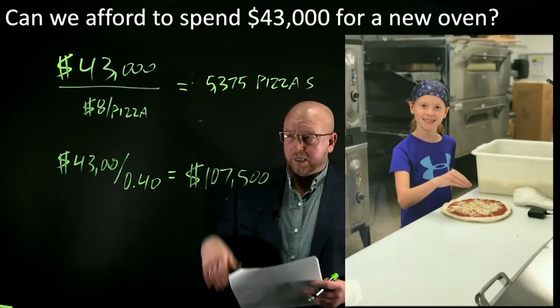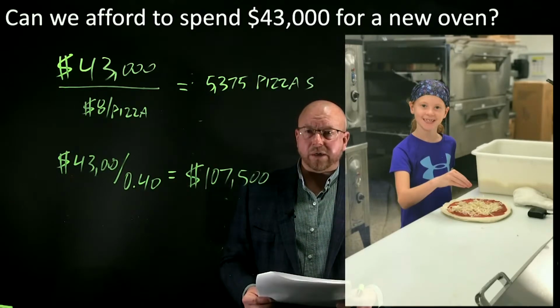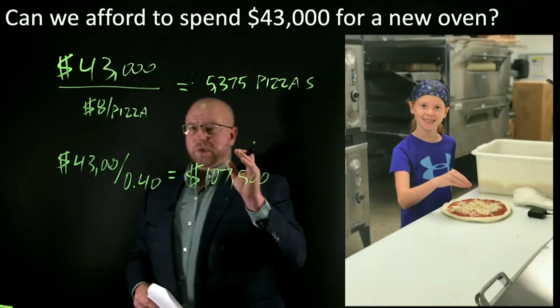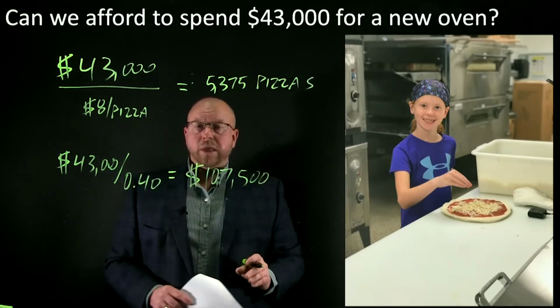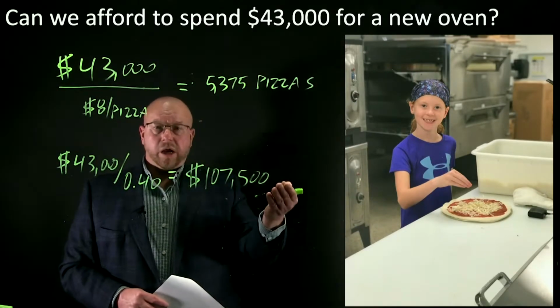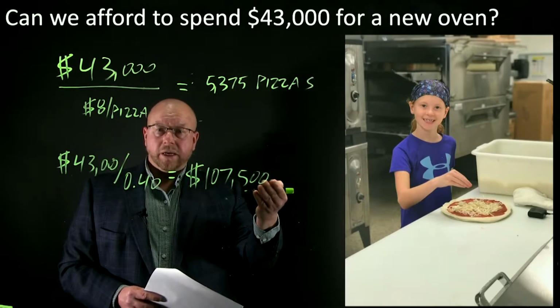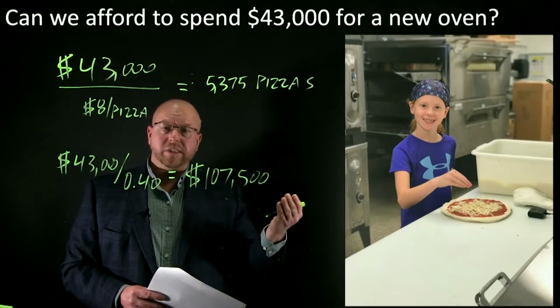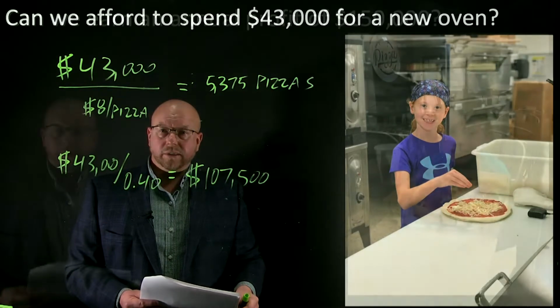Or alternatively, do you think we would generate revenue of $107,500? Now remember, that would just be breaking even on this investment. If we spend 43 grand on an oven and we generate $107,000 of sales revenue, then that is paying for the oven, but we obviously want to go far beyond that point and actually generate a profit.